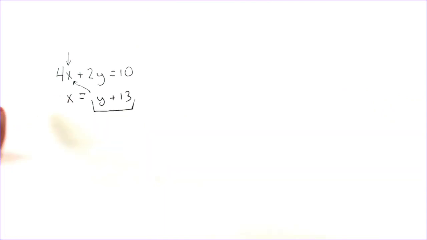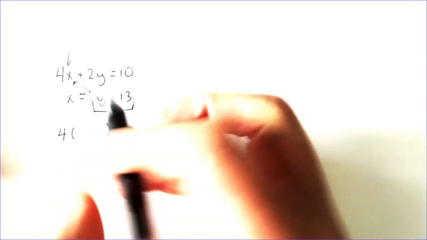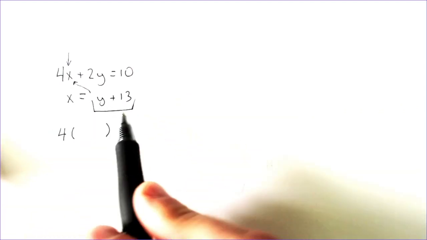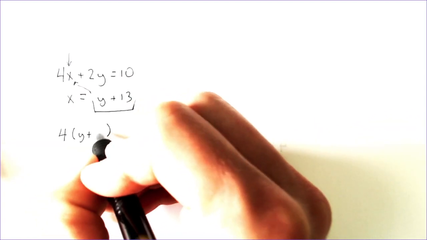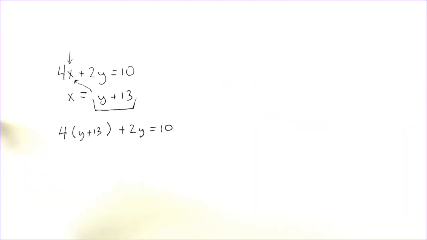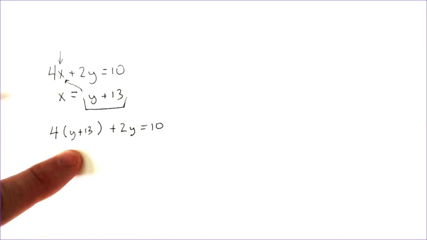I can substitute this y plus 13 in for that x. What that would look like is I would have a 4, and then instead of writing x, I write what x is equivalent to, which is y plus 13, plus 2y will equal 10. So I just replaced that x with the y plus 13.